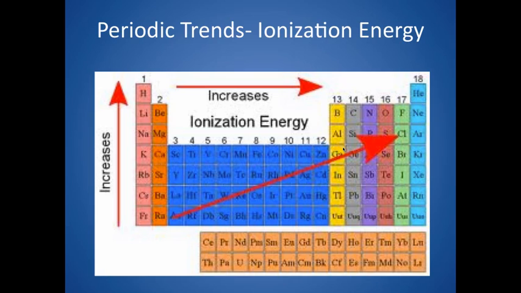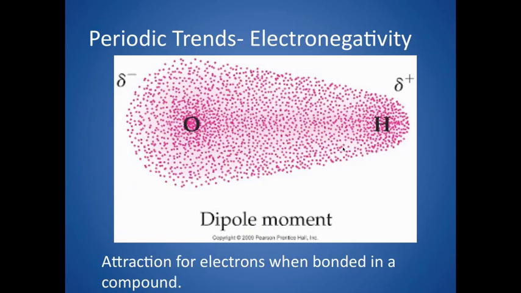The final trend that we'll be looking at is electronegativity. Electronegativity is very similar to ionization energy because it's talking about the attraction of electrons to a nucleus, but it's comparing the two when they're in a compound. So for example, this is a bond between oxygen and hydrogen.